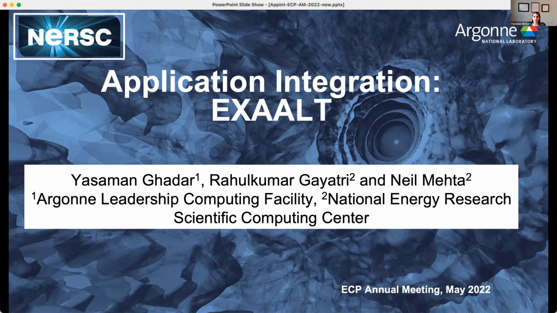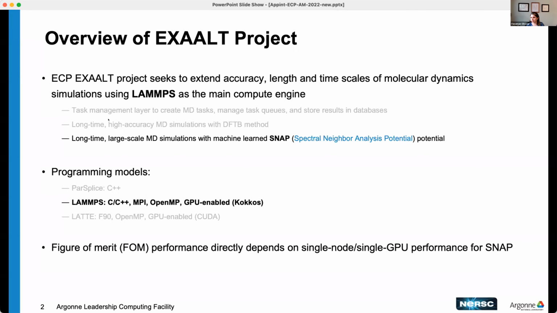All right. So hi everyone, my name is Yasemin Gadar and I am a computational scientist at Argonne Leadership Computing Facility. I'll be talking a little bit about Exalt and Rahul will be taking over after me. Exalt is one of the ECP projects that is using molecular dynamics simulation, specifically the LAMMPS package, as their main compute engine.